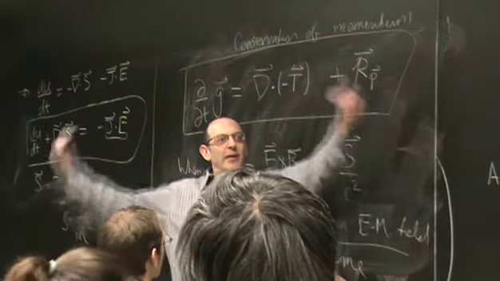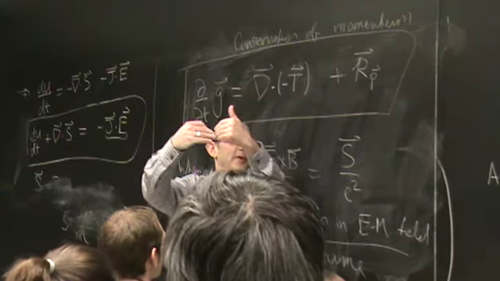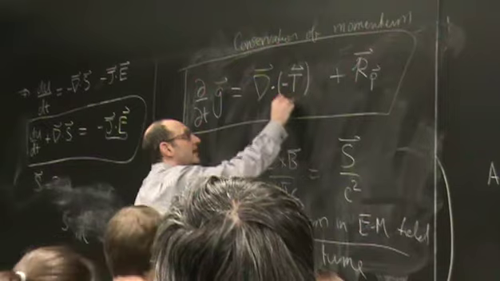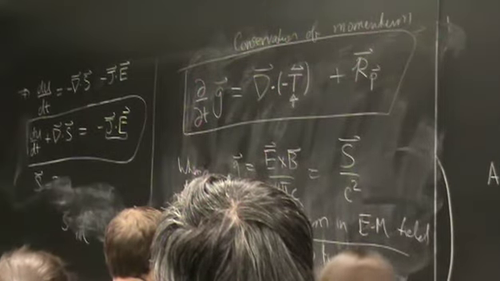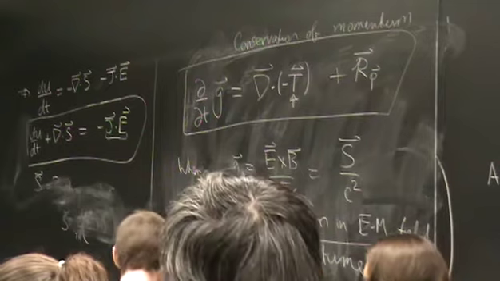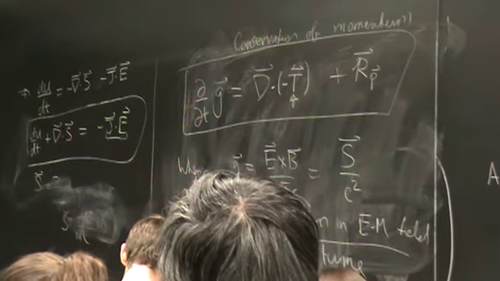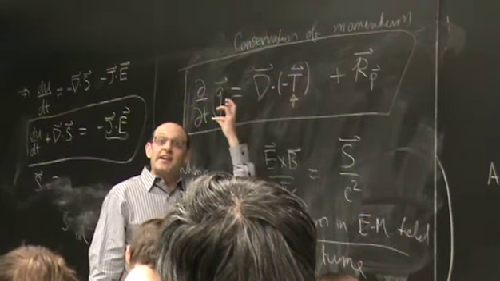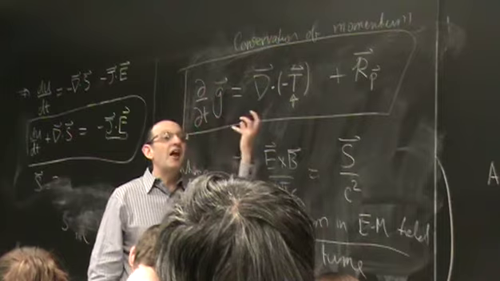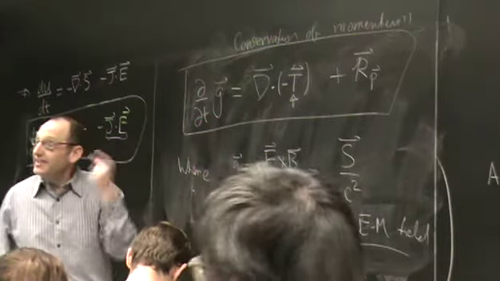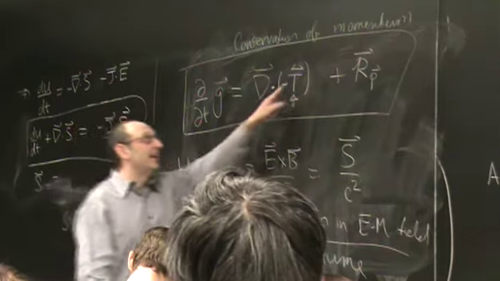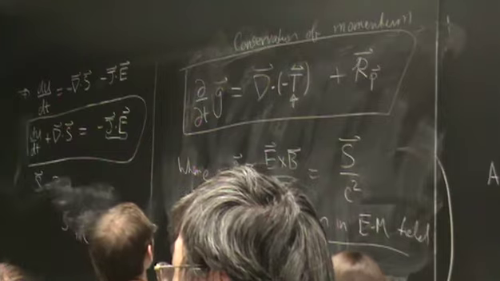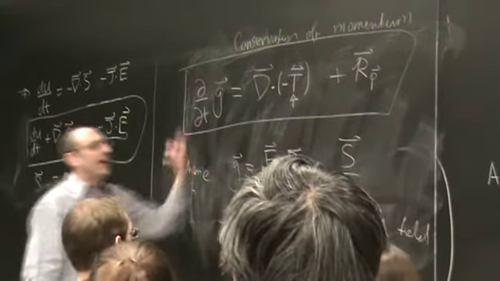The momentum flowing into the surface was minus T. So the stress tensor is related to the flux density of momentum. This is like the current of momentum. Momentum is a vector. The direction of flow need not be in the same direction as the direction of momentum, which is why it's got this devilish double arrow head on it. The divergence of that is a vector.